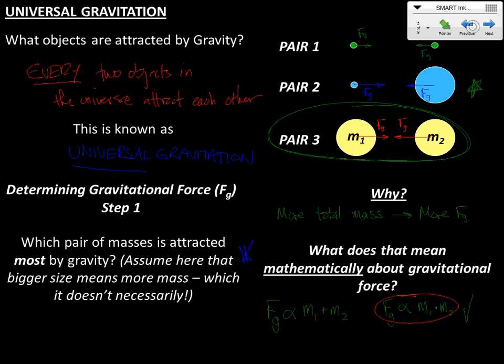If we go back here, I kept the separation the same, and I changed the masses. So what separation are we talking about? Well, we're talking about from here to here. There's R. All right, so R is not from edge to edge.